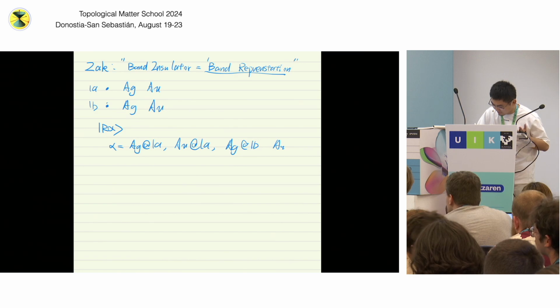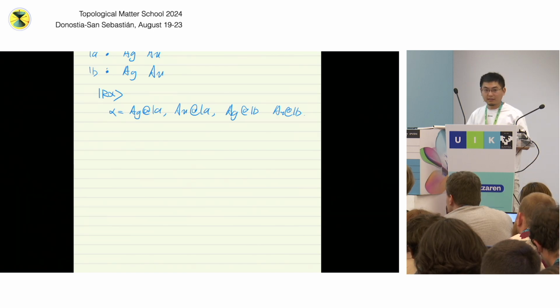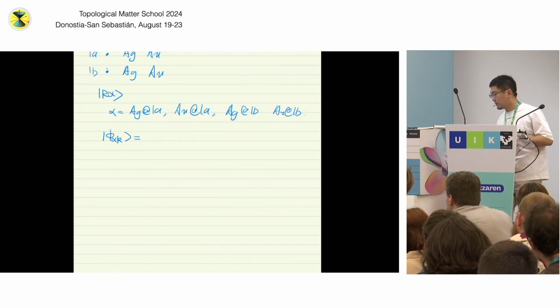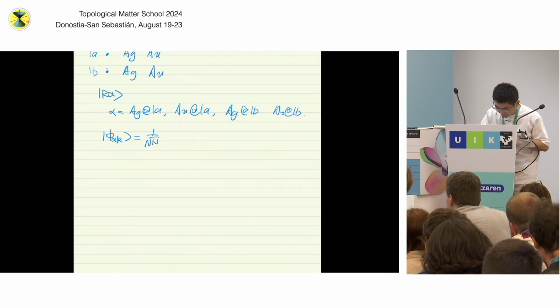So alpha takes 4 different values. With this local orbital defined in real space, we can apply a Fourier transformation to obtain the Bloch basis in momentum space. This is very direct, actually.